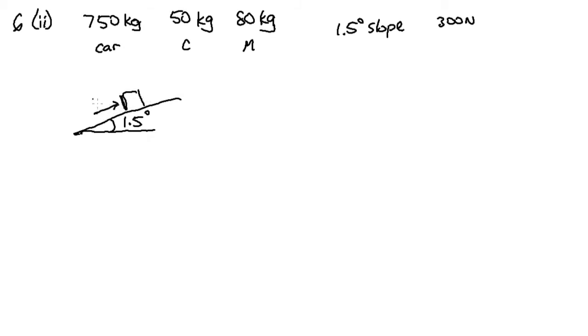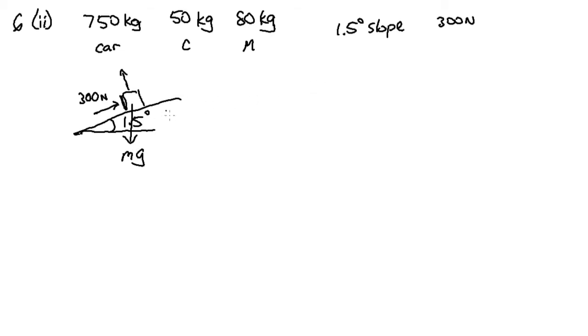Martin is pushing 300 newtons parallel to the slope, and there is a force downward called the weight, mg, which goes down vertically. We do not need to care about the normal reaction force, because it has nothing to do with the line of movement, and therefore we just need to care about the mg.